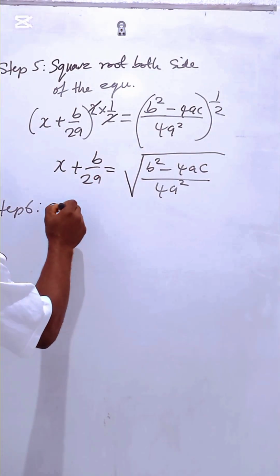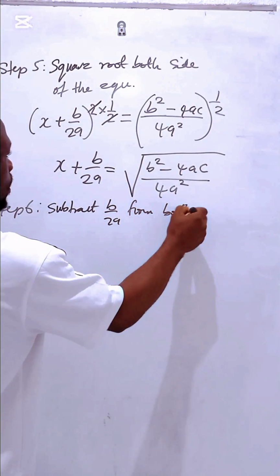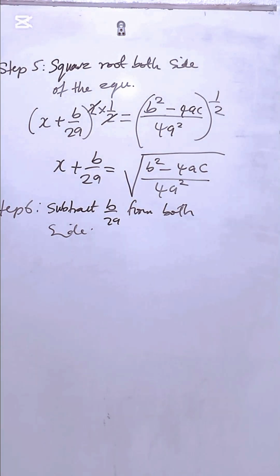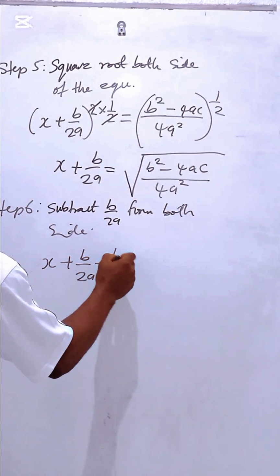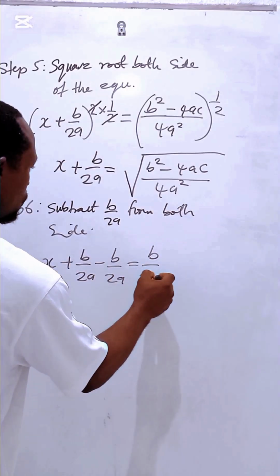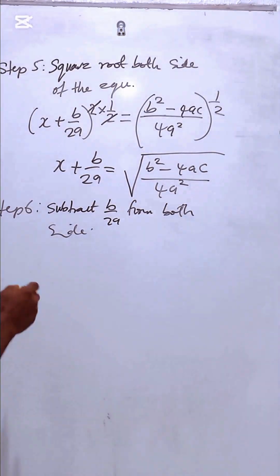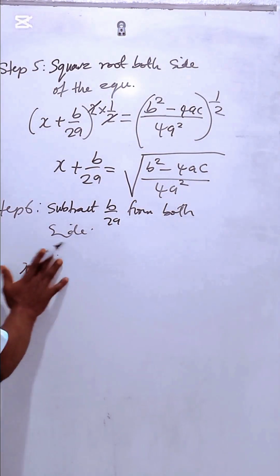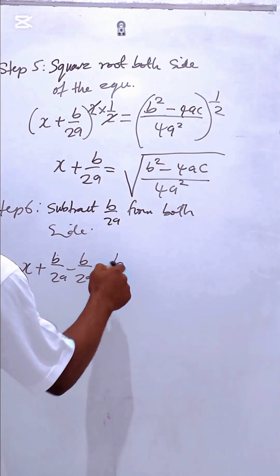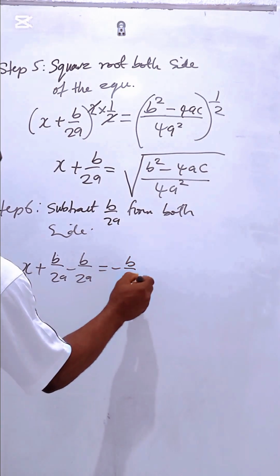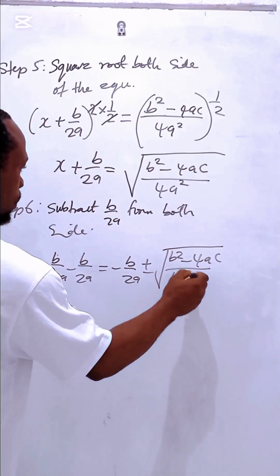So if I do that, subtract b over 2a from both sides, the expression becomes x plus b over 2a minus b over 2a equal to minus b over 2a plus or minus the square root of b squared minus 4ac all over 4a squared.